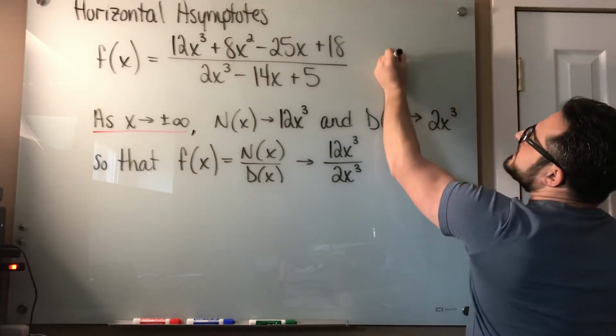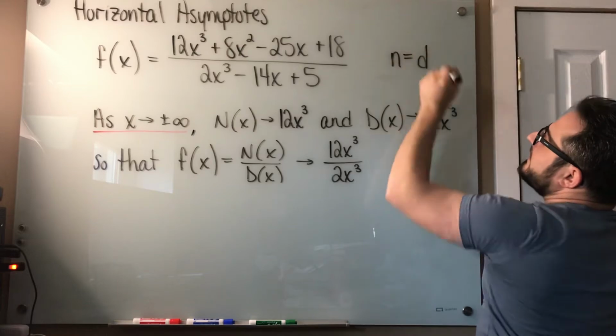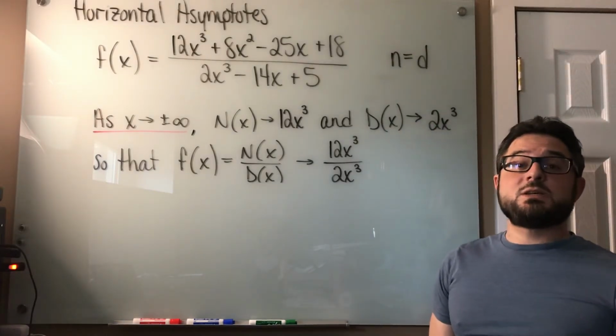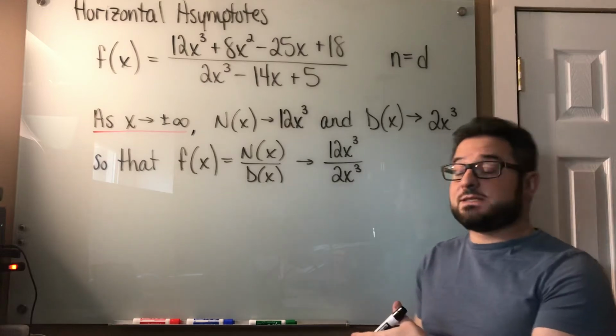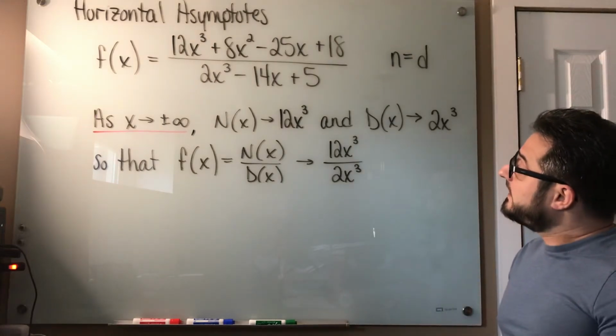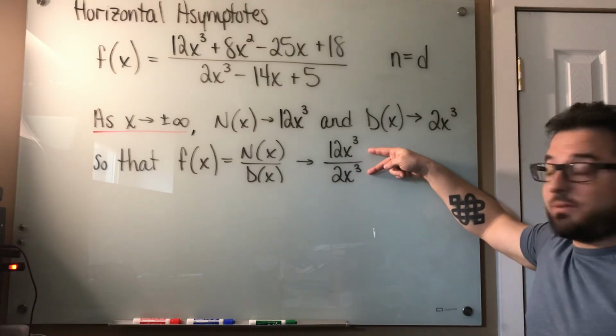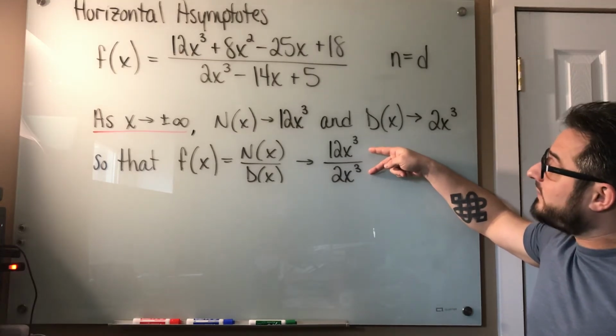Now, this is where it becomes important looking at the degree of the top and bottom. And this is where the distinction comes between what we saw in the previous example and what we see here. Namely that, since we're down to a single term, top and bottom, we can do some simplifying.